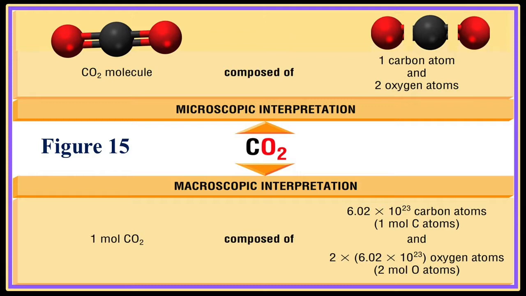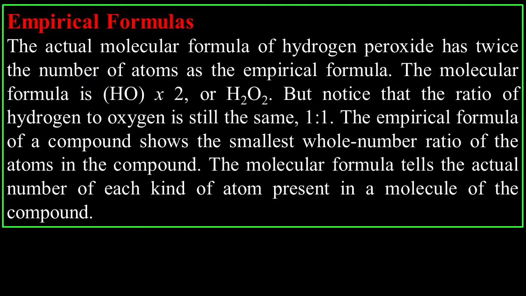At the macroscopic level, 1 mole of carbon dioxide is composed of 6.02 times 10 to the 23rd carbon atoms and 12.04 times 10 to the 23rd oxygen atoms. And that's microscopic and macroscopic. I either look at it in terms of atoms and molecules and bonds or in terms of moles.